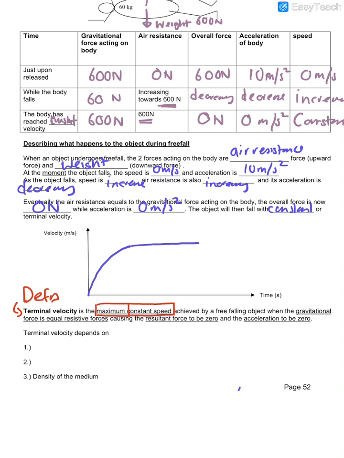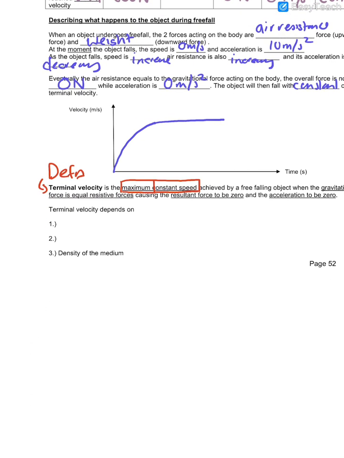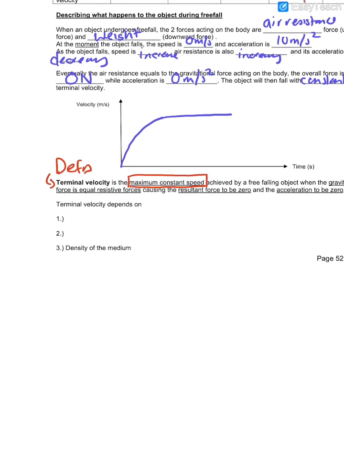Terminal velocity also depends on other factors. What does it also depend on? The weight.